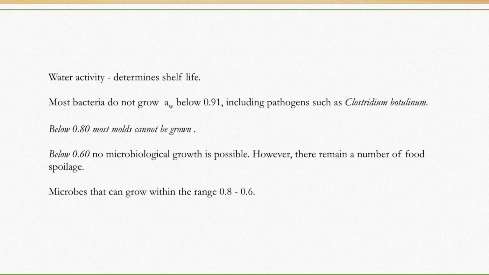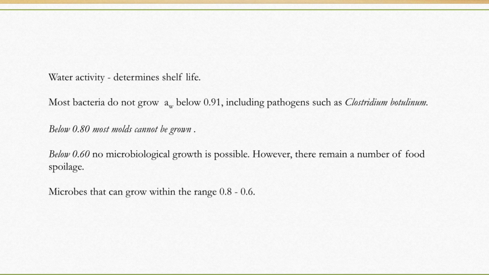Next, water activity determines the shelf life, because most bacteria do not grow below 0.91. Those include Clostridium botulinum. Below 0.80, most molds cannot grow, and below 0.60, there is no microbiological growth at all.